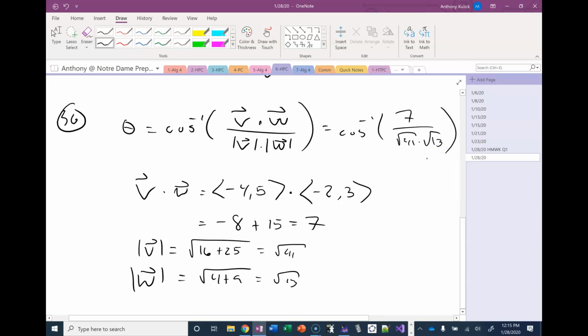Okay with that, Colette? Okay, and now it's just calculator time, right? And you should get like 72.35 degrees. Is that good?